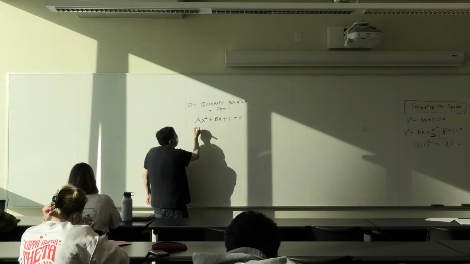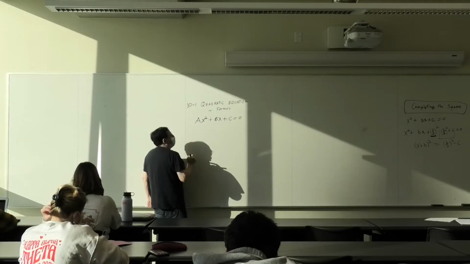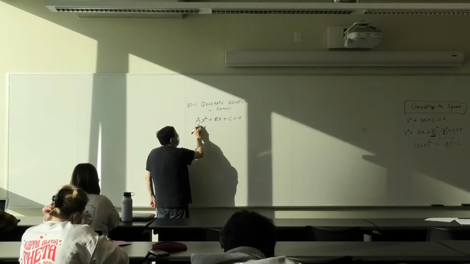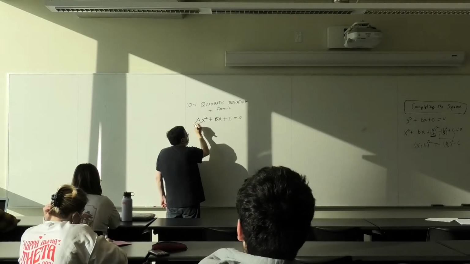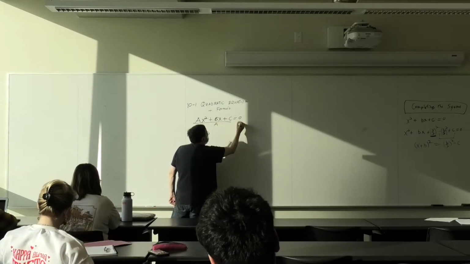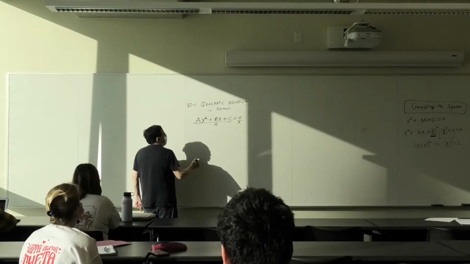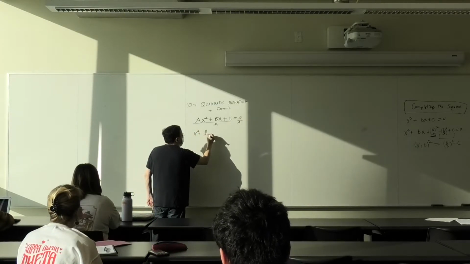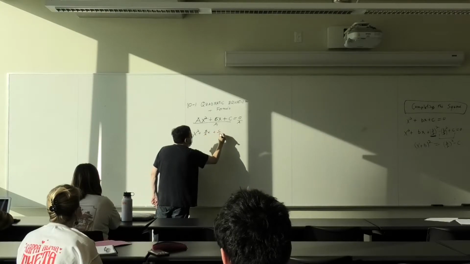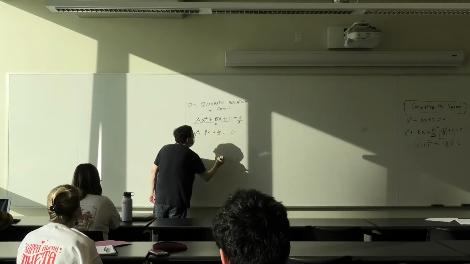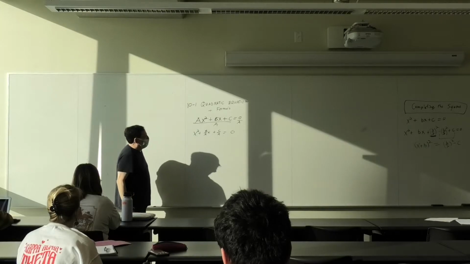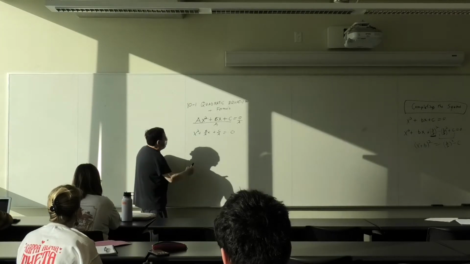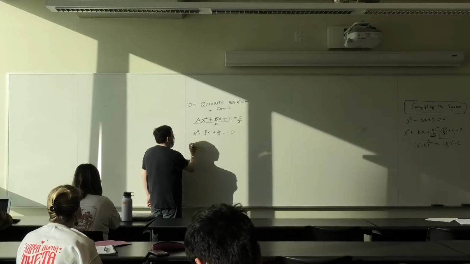First thing I want to do is get rid of this a here, because when I complete the square, as I said, this has to be 1. So I'm going to divide everything by a. And I'm going to get x squared plus b over a x plus c over a equals 0. That's my first step. Now it kind of looks like that problem I just did. Now I want to complete the square.